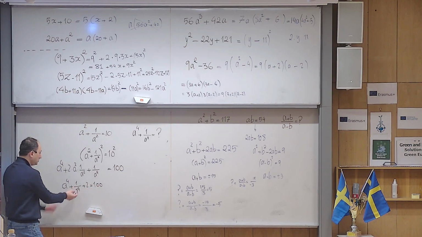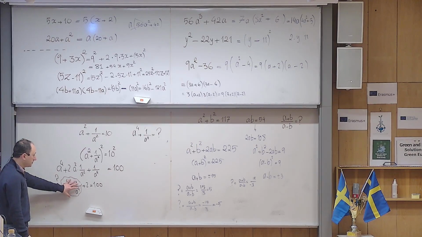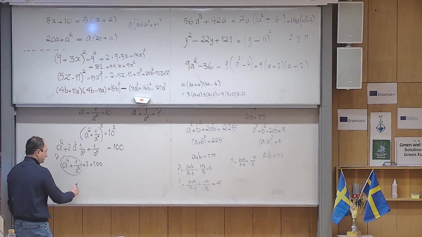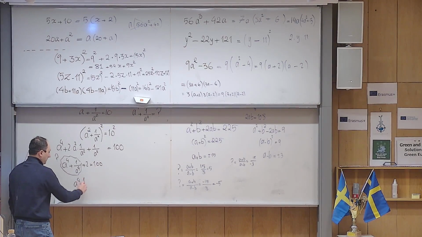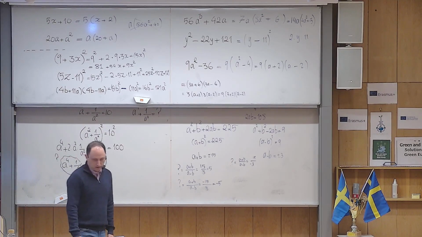But you are not looking for a, you are looking for this combination. This combination is the question mark. But the question mark is now what? This is something so that when 2 is added to it, the answer is 100. So the question mark is what? The question mark is 98. Is the 98 there? Yes.